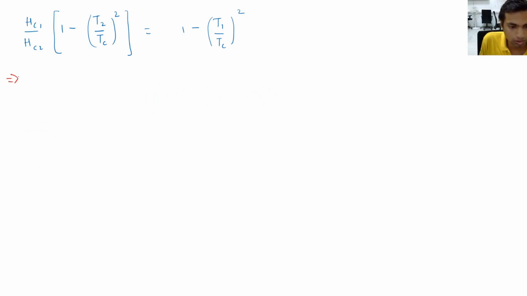So it is Hc1 over Hc2 minus Hc1 over Hc2 times T2 by Tc whole square equal to 1 minus T1 by Tc whole square.